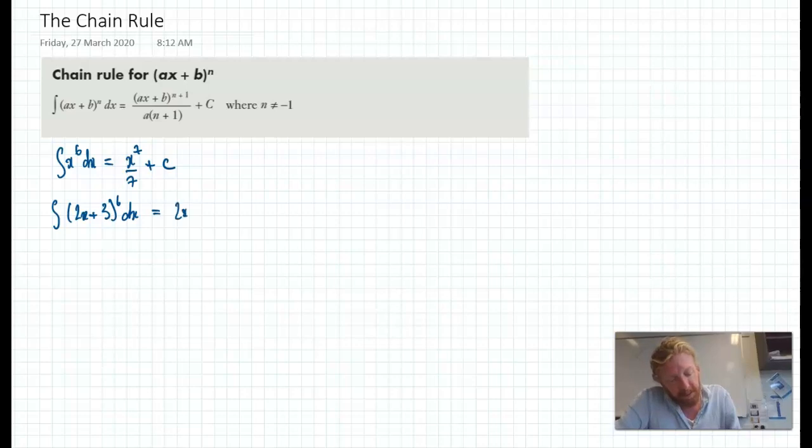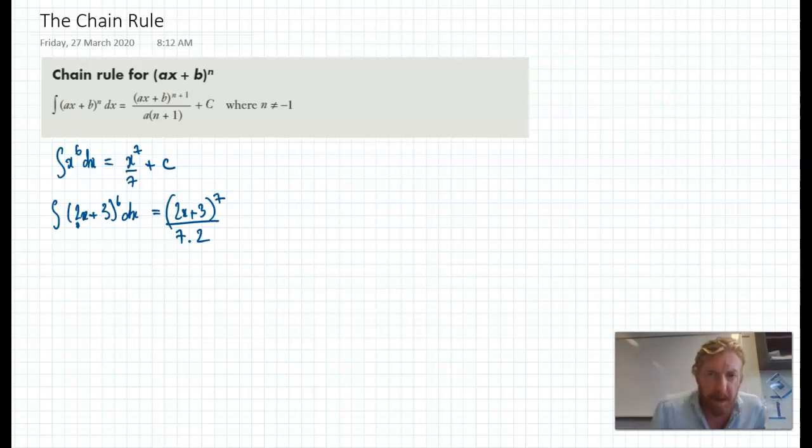That linear function will stay the same: (2x plus 3) raised to the power of 7, and I divide by the 7 and also the 2 being the a there. This is a simplified version of what we'll do next, but we will still run through and see why it works. First we'll see why it works with this particular example, okay? I'll just change the color of the pen and then we'll do it for a general case.